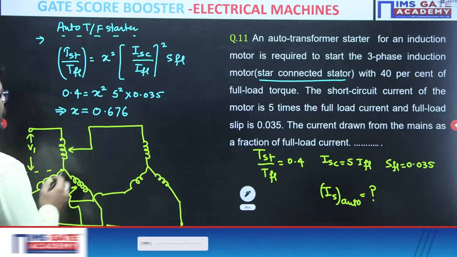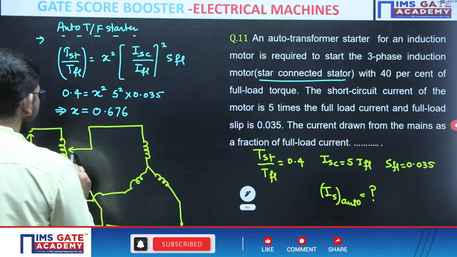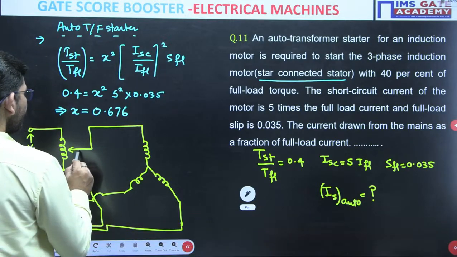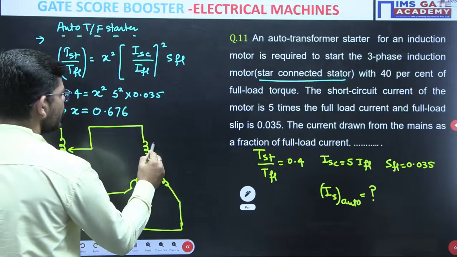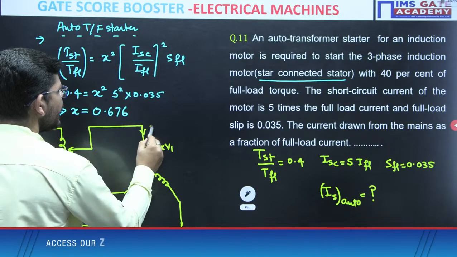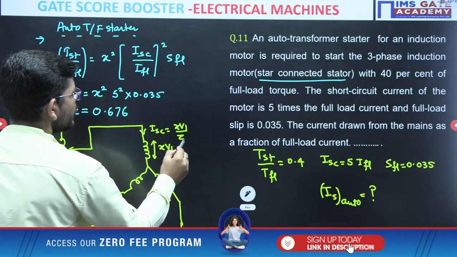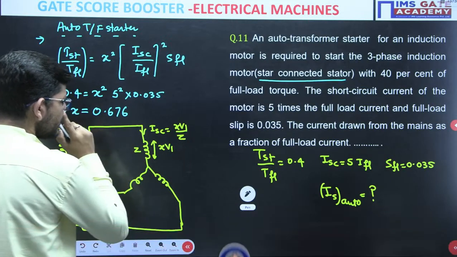Just like this, okay. So if this voltage is V1, then how much voltage we are getting here? We might be getting only x V1 voltage here, correct? Because transformation ratio is x, that the current here, which is ISC, will be x V1 upon Z. Let's suppose this impedance is Z, okay.